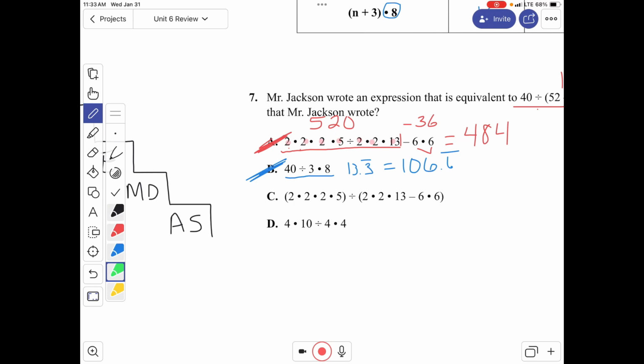Answer C. We do have parentheses on this one, so we need to do the parentheses part first. 2 times 2 is 4. 4 times 2 is 8. 8 times 5 is 40.